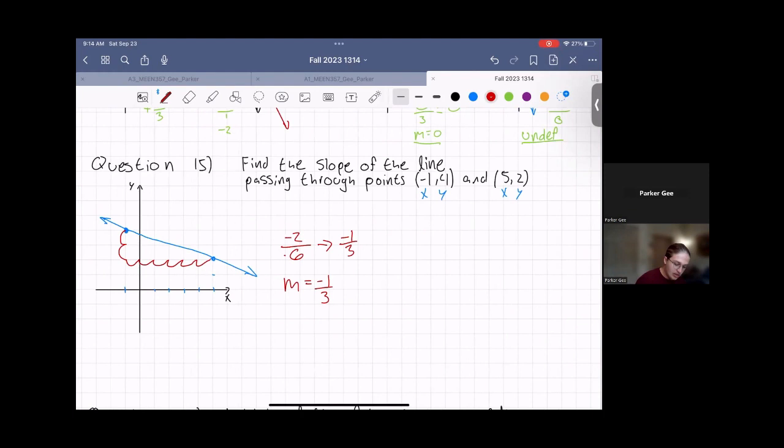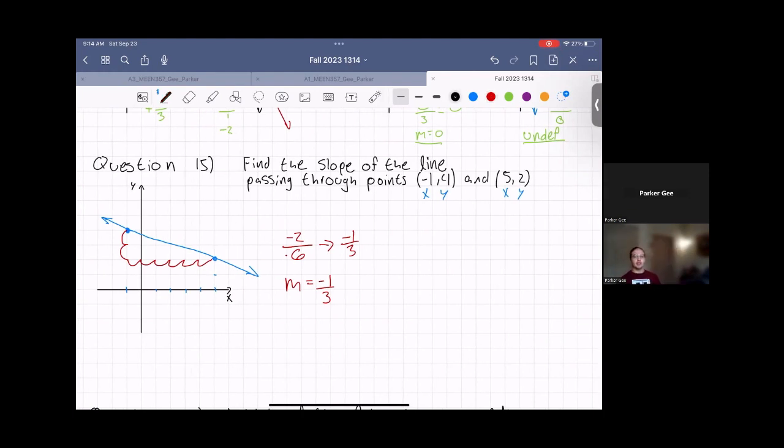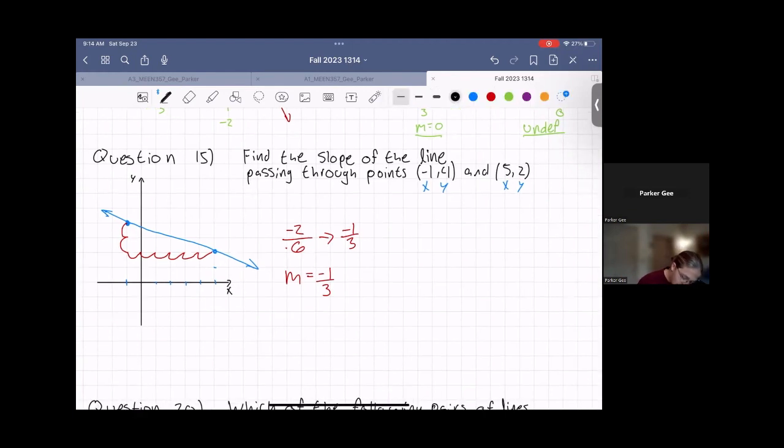Right? Now we can do the slope formula. Our slope formula is m is equal to y2 minus y1 over x2 minus x1. So we can choose an x1 and x2.